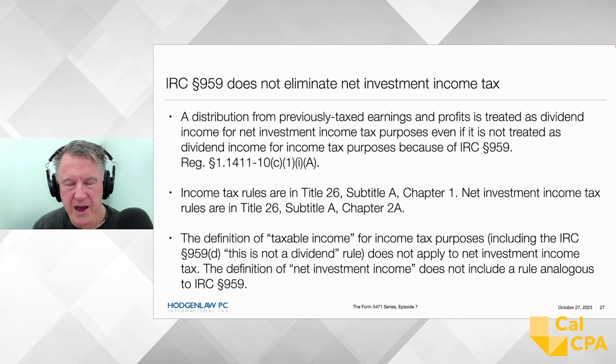So what you're going to have is, let's say, your hypothetical $10,000 cash distribution upstream, and some of it's going to be excluded because of Section 962(d). Remember, in my little example, $2,100 was excluded.